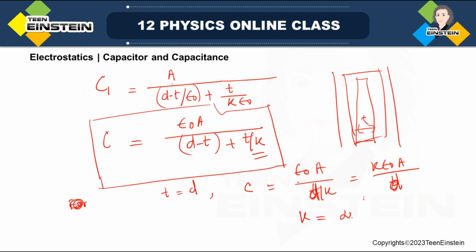So we'll get D minus T when this is a conducting slab.